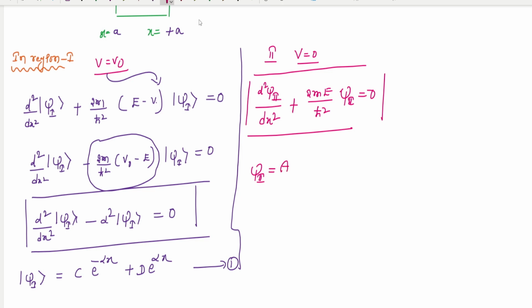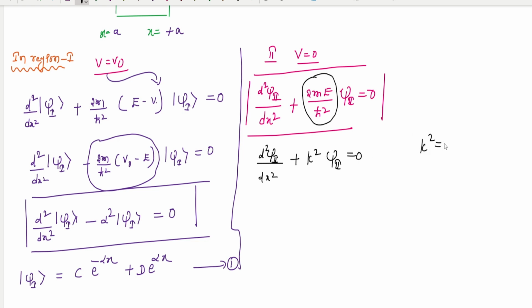I'm going to write one more step for more clarity. 2mE divided by h cross square, d square of the wave function psi divided by dx square plus k square times the wave function psi equal to 0.